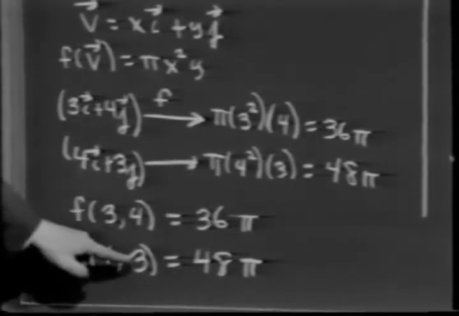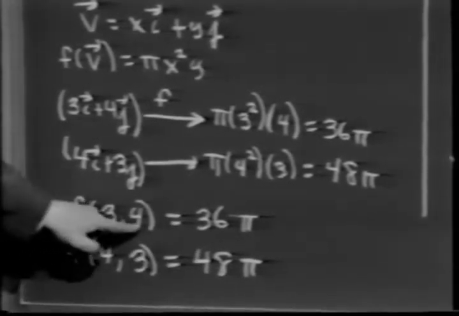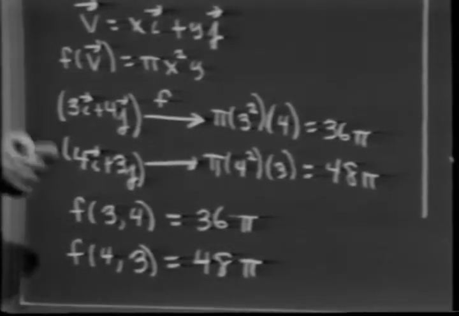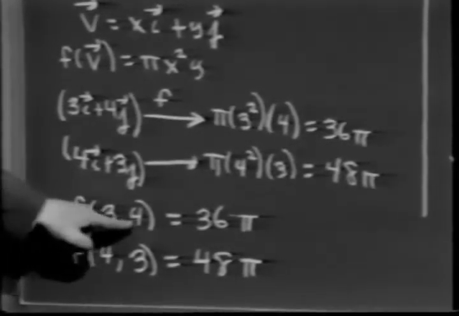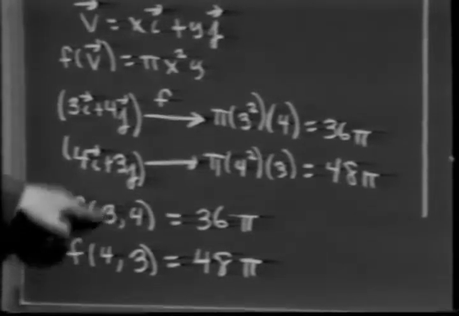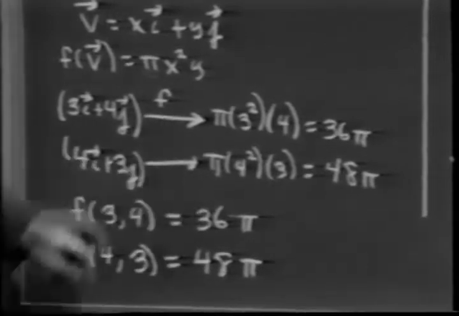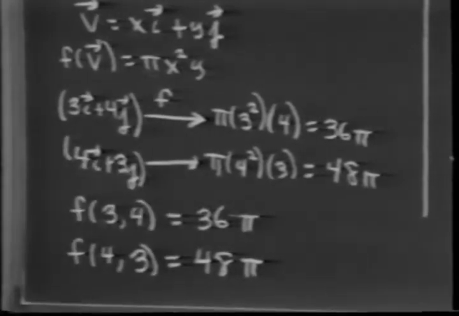That's exactly what we mean when we say that we may treat a two-dimensional vector as an ordered pair. It's not only a pair, but the order makes a difference, both in what the vector is and in what the output of the f machine is.